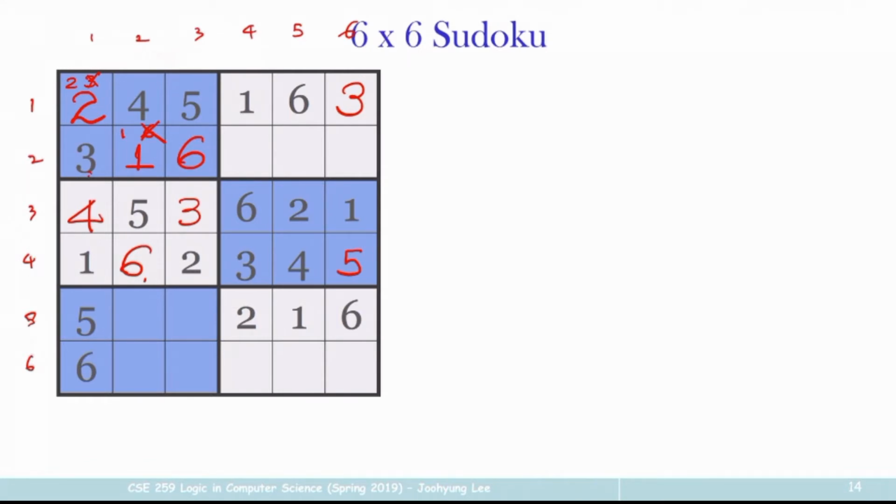Maybe not. So let's go to the next left position. Here, 5, 2. What are the numbers that I can fill in here? If I look at the column, I have 4 numbers already filled in, and 2 and 3 are not there yet.